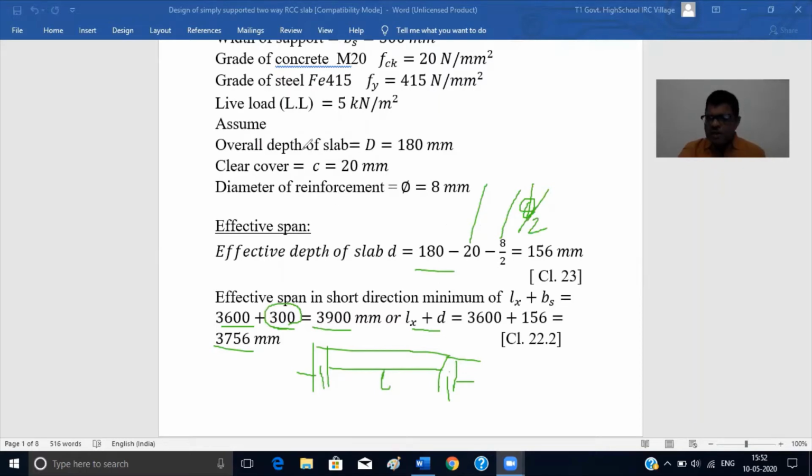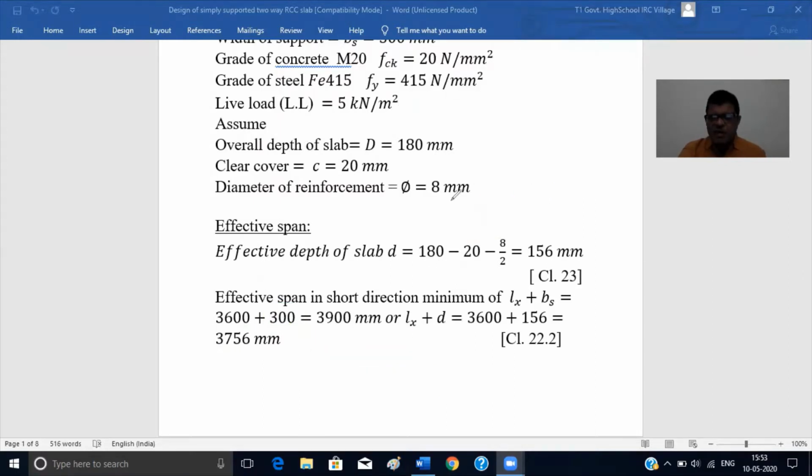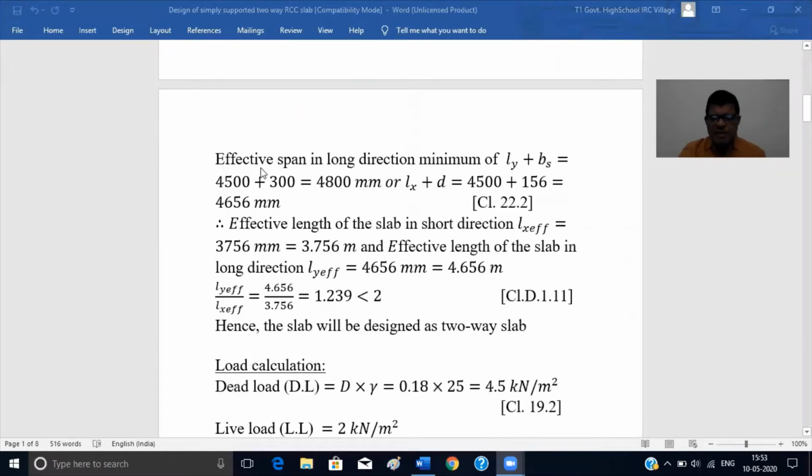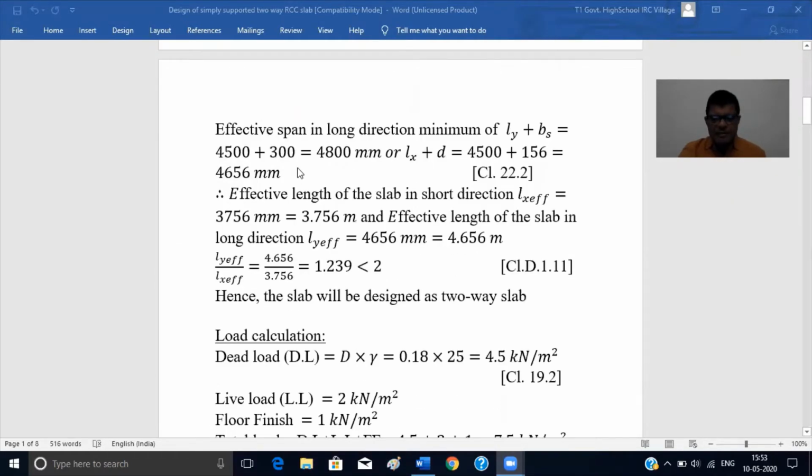Now, as in the question, it is not mentioned whether it is a one-way slab or two-way slab. So you have to first check it is two-way slab or not. So you have to again find out this effective span in y direction. That is again your clear span in y direction plus width of support or clear span plus effective depth of the slab, whichever is less, and it comes out to be 4656.